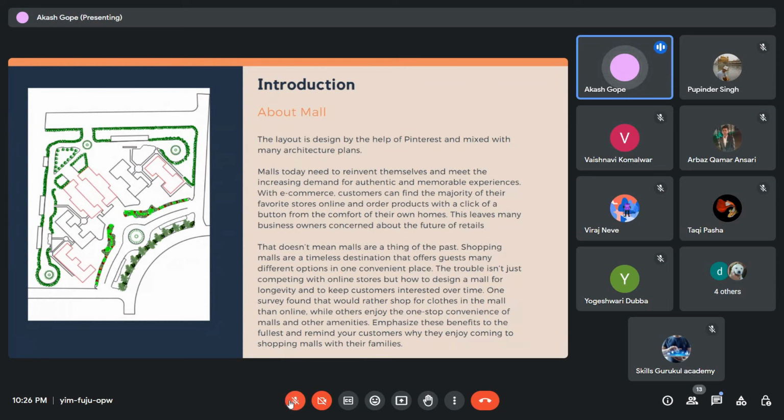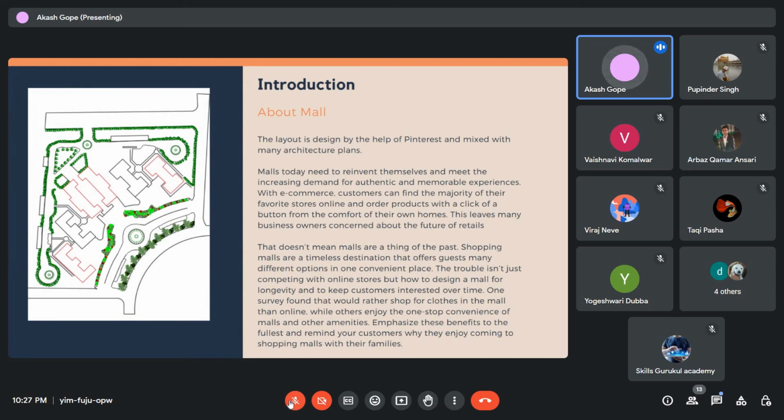Malls today need to reinvent themselves and meet the increasing demand for authentic and memorable experiences. They visit the mall for memorable things and for enjoying weekends and all.